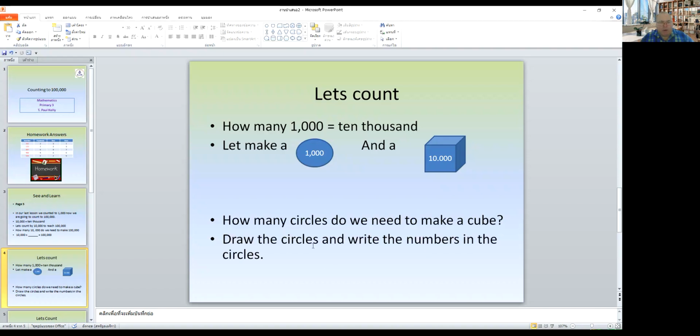You're going to draw one circle with 1,000. The second circle is 1,000. How many do you think you need to make 10,000? Then we'll look at what you've got.